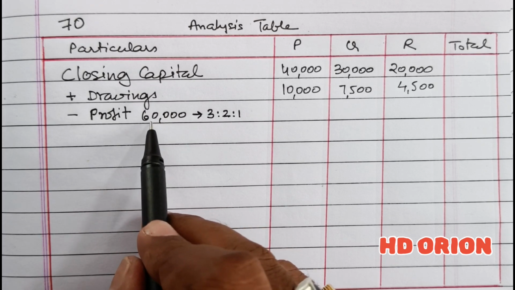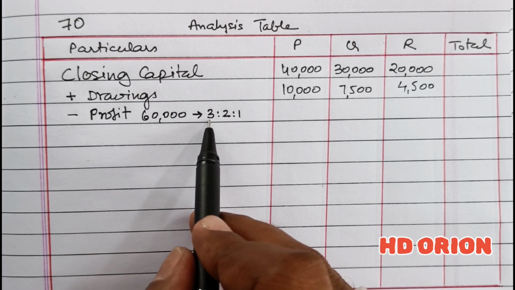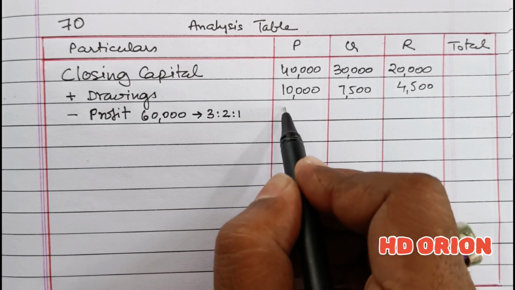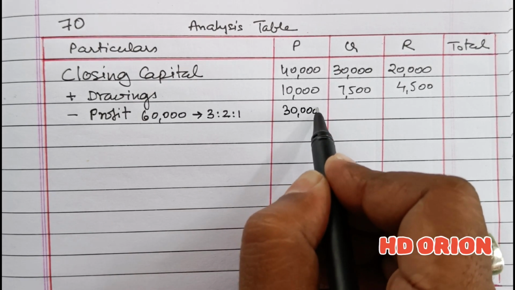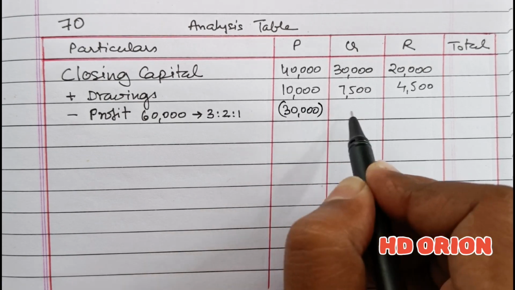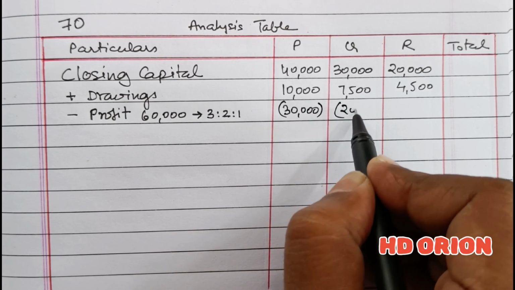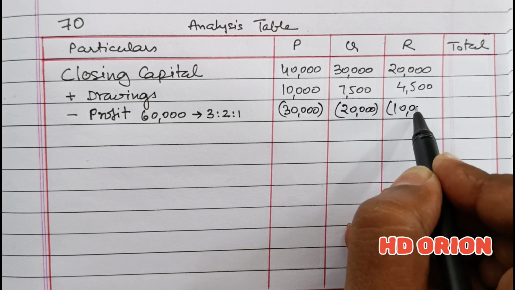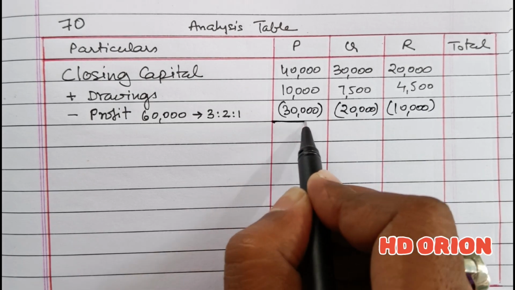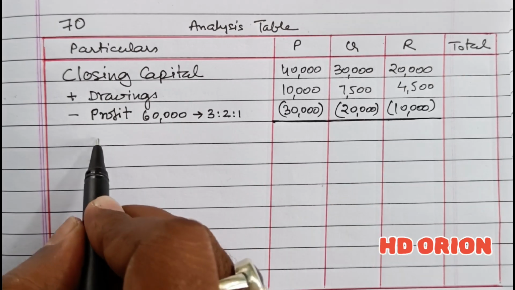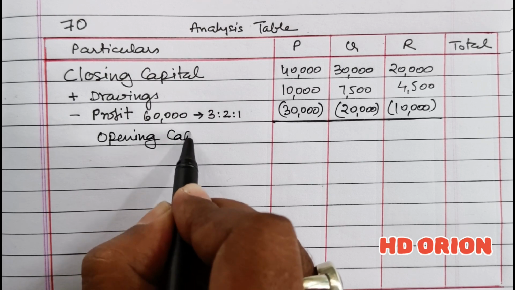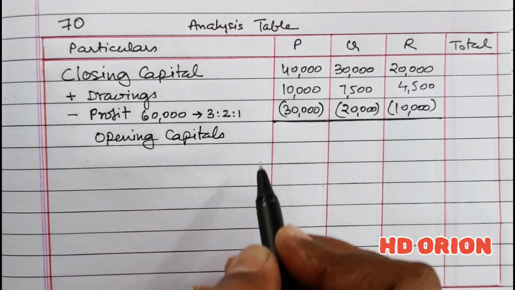Fine. So when we divide 60,000 in the ratio 3:2:1, the first partner has received 30,000, so we will subtract it, and bracket is for subtraction. Second partner 20,000 and third partner rupees 10,000. In this way we find opening capital. Opening capitals.